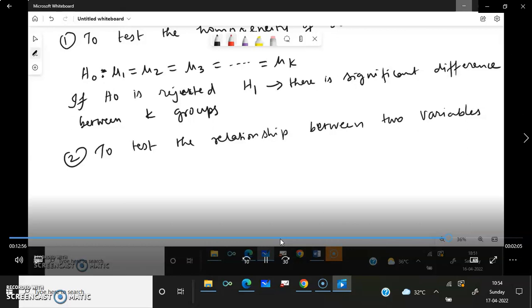And the third use is nothing but the test for linearity of regression, right? You have the relationship using the regression formula, mu I equal to alpha plus beta x y.